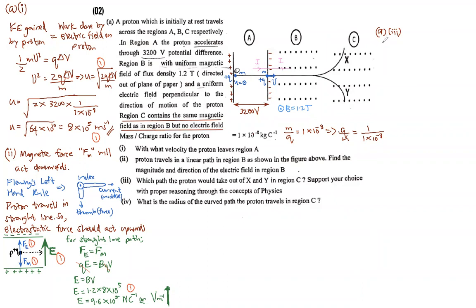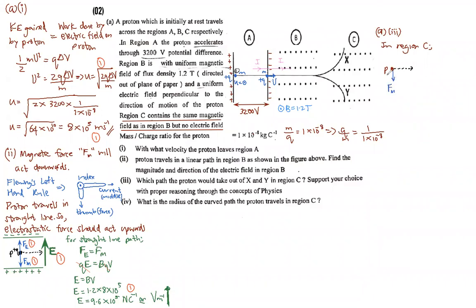So, proton in region C is going to experience only one force. It is going to attempt to move this way, and the magnetic force is going to act where? Downwards. We have already found it, no need to waste our time on that.